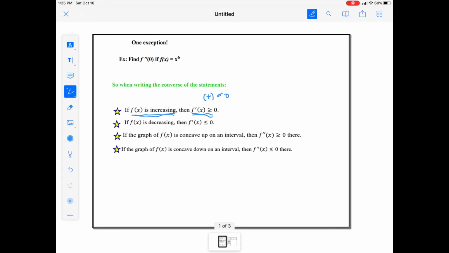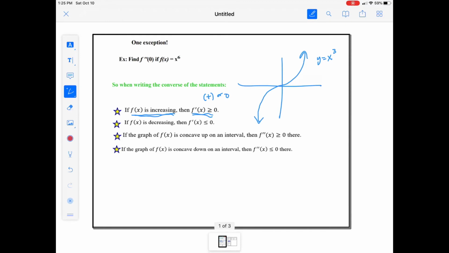If my function is increasing, then f prime is going to be greater than or equal to 0. I'll give you just a little quickie example right there. This is my graph of x cubed, and x cubed is a strictly increasing function.